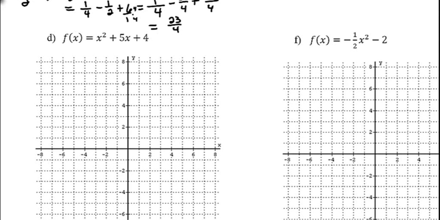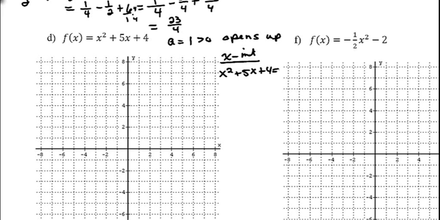And our next example here, f of x equals x squared plus 5x plus 4. So again, a for this one is 1, which is greater than 0, so it's opening up. And then we want to find our x-intercepts. X-intercepts happen when y is equal to 0, so we want to take x squared plus 5x plus 4 and set it equal to 0.